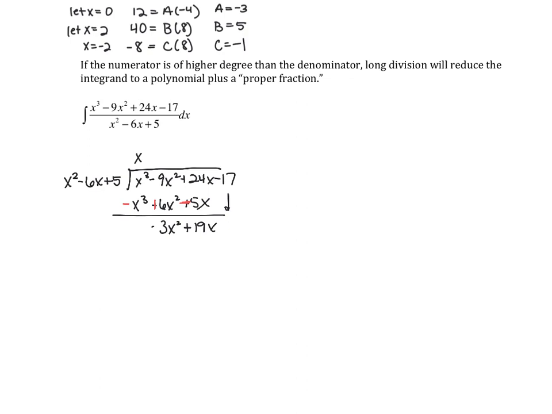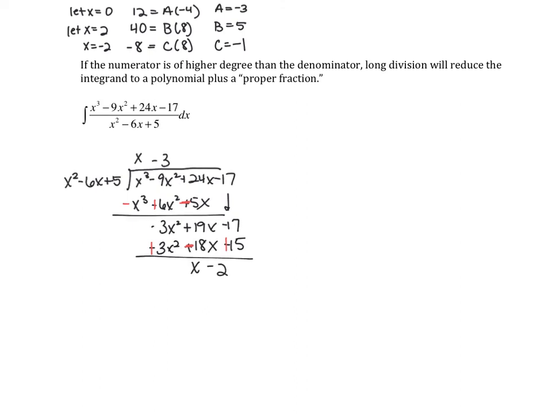I'll need to bring that down, negative 17. And so x squared goes in there negative 3 times. So negative 3 times x squared is negative 3x squared plus 18x minus 15, but I need to change all of the signs of those. And so I end up with 1x minus 2.